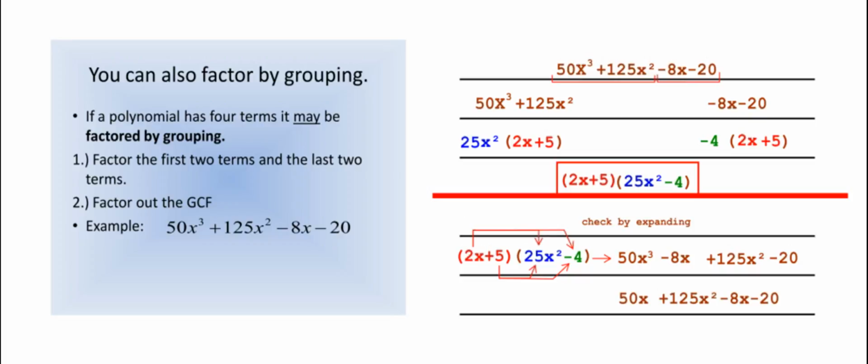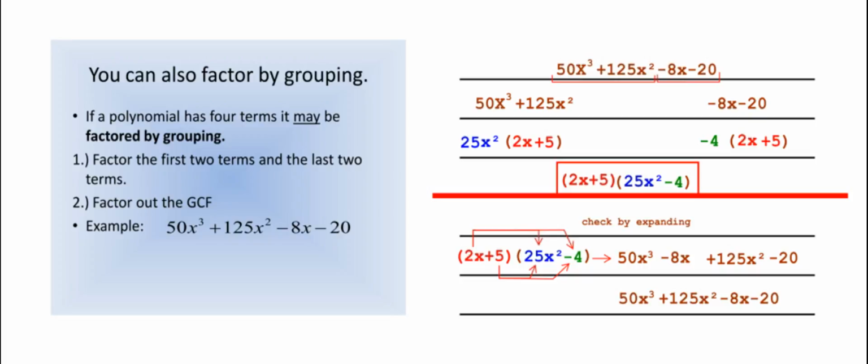Final answer then, we just combine or simplify as possible. Well, in this case, we're just reorganizing so that we have decreasing exponential order. 50x to the third is first, highest exponent, the degree is 3, right? Lead coefficient is 50. Plus 125x squared follows, minus 8x does not have an exponent, but you could put a 1 there, minus 20.